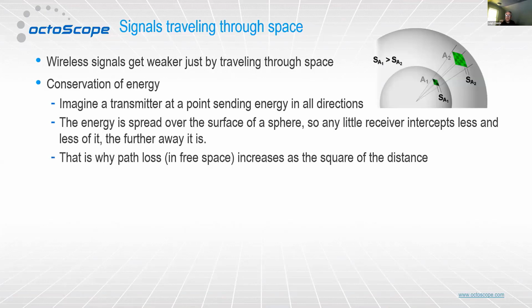So if you imagine putting a little patch on the outside of that sphere, and the amount of energy that you receive through that patch is what you see in your receiver, then you can imagine how as the energy moves out through space and that whole sphere gets bigger and bigger, that patch is seeing less and less of the total. And that's why the fundamental path loss that everybody understands is that path loss increases as the square of the distance between the transmitter and the receiver.